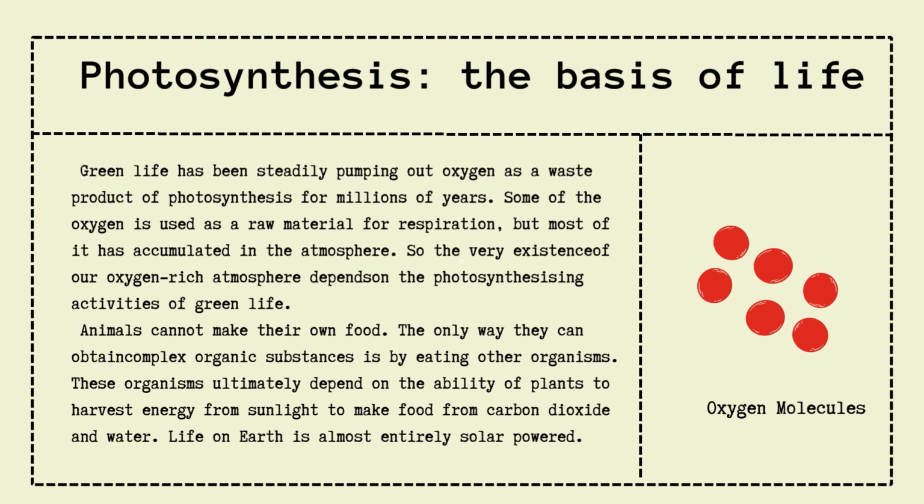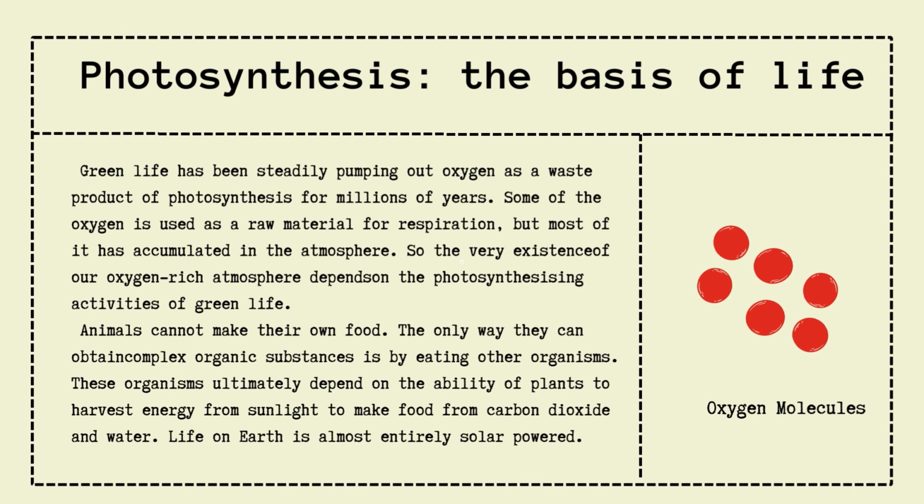Some of the oxygen is used as a raw material for respiration, but most of it has accumulated in the atmosphere. So the very existence of our oxygen-rich atmosphere depends on the photosynthetic activities of green life. Animals cannot make their own food.